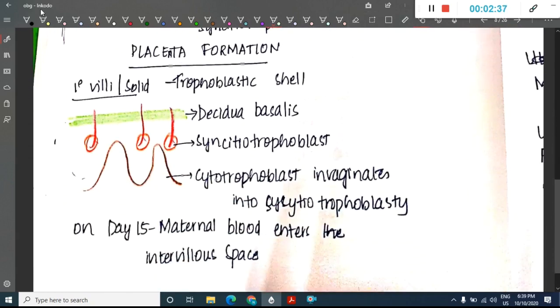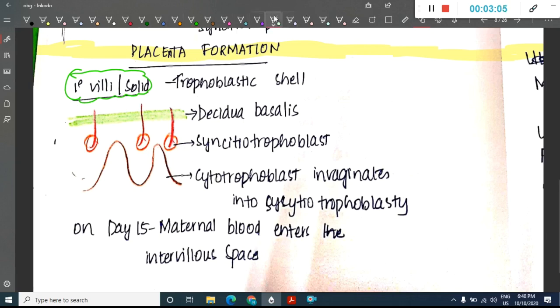Then placenta formation. In the placenta formation, there is primary villi or solid placenta. There is a trophoblastic shell, decidua basalis, and the trophoblast is divided into cytotrophoblast and syncytiotrophoblast.